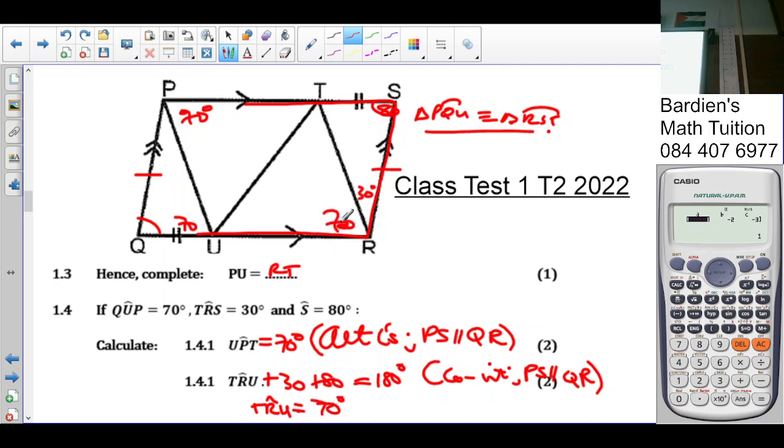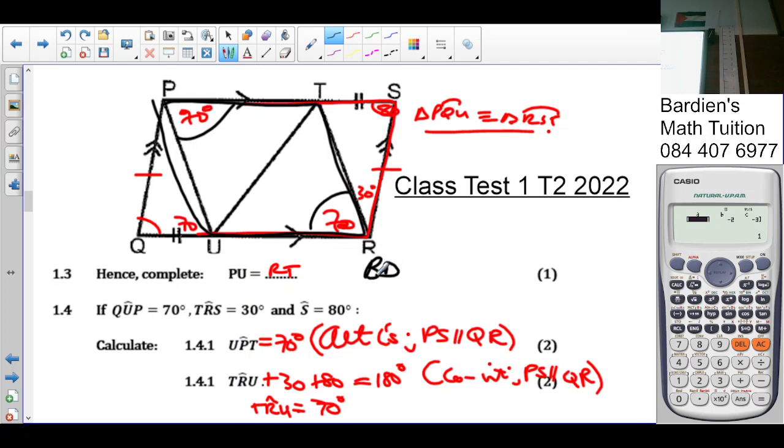Now, if you have said that angle TRU is 70 degrees because of that being opposite angles of a parallelogram, you should get it wrong. Why? Because we did not prove, neither did they tell us that that was a parallelogram. Can you see that? That's why sometimes in geometry you will see a BD. BD means breakdown. You are assuming things that is not the case.